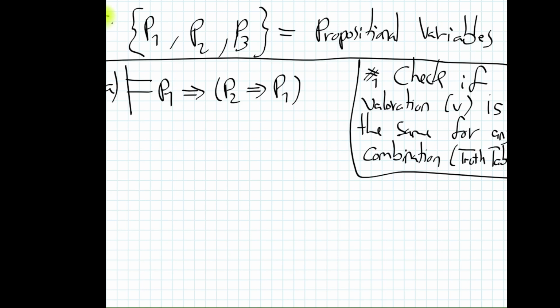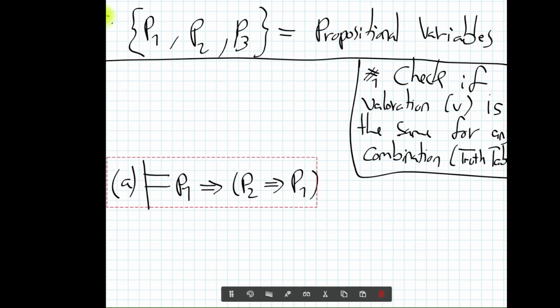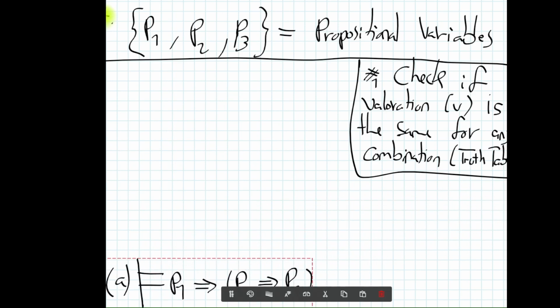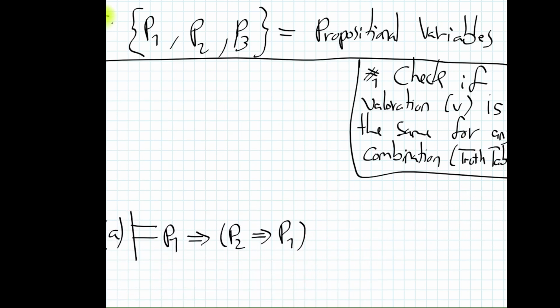And so it's probably more useful to immediately write the full table here. So we have P1, P2, P3. Okay, so it should provide us with 8 results. So we got this one and that one.